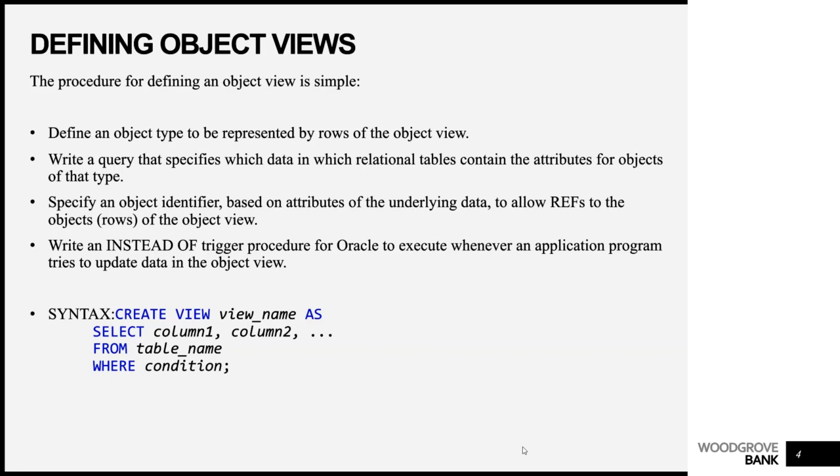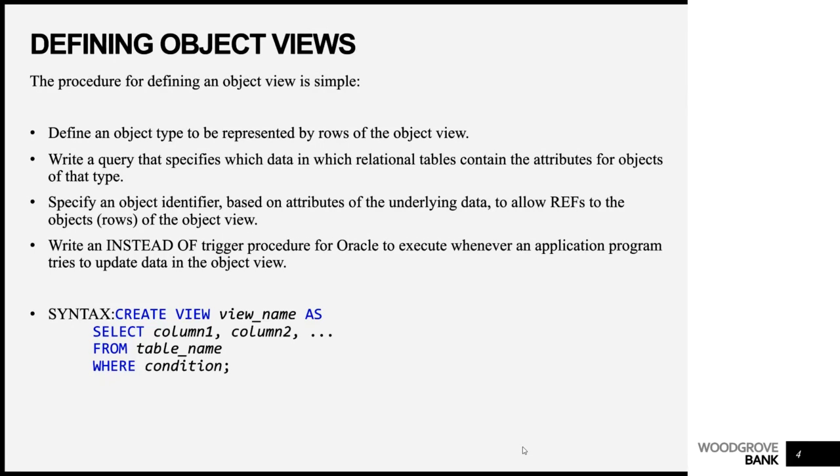Then we specify an object identifier based on the attributes of the data to reference the object rows of the object view. Now you can write an instead-of trigger procedure for Oracle to execute whenever an application program tries to update data in the object view.